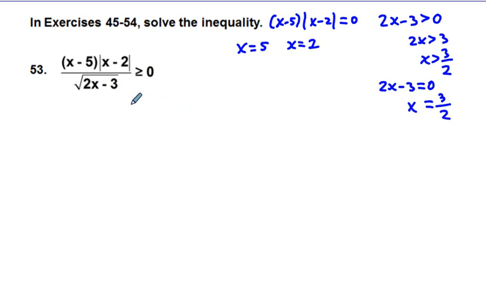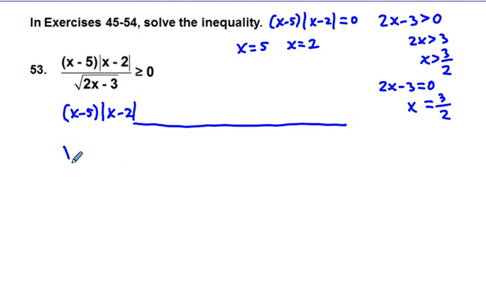So here in the numerator, I'm going to put the quantity x minus 5 times the absolute value of x minus 2, and so we have that piece of the number line for the numerator. Then the denominator we have the square root of quantity 2x minus 3, and so we place that value right here, and then outline our critical numbers.